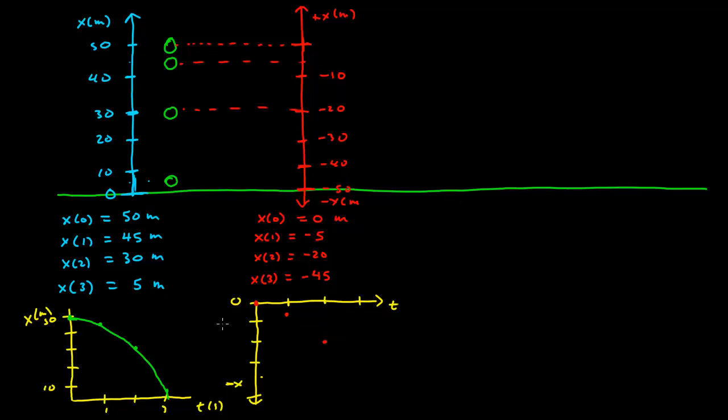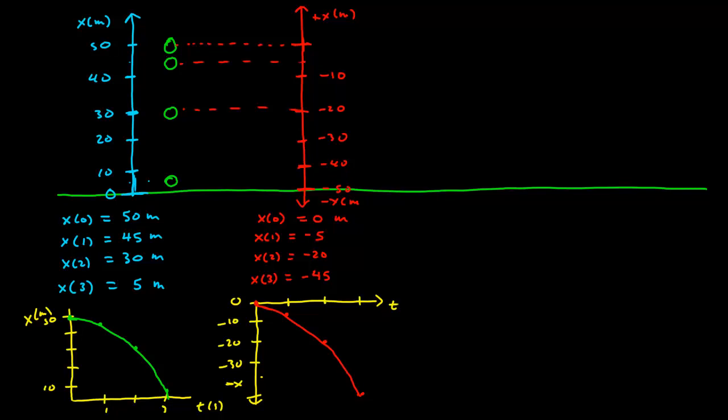And then at 3, it's -45, which is down here. So my graphical representation looks like this. Now you might say those curves look very much alike, even though the coordinate system has changed. That's true, but we can change the character of the curve as well with a different coordinate system.